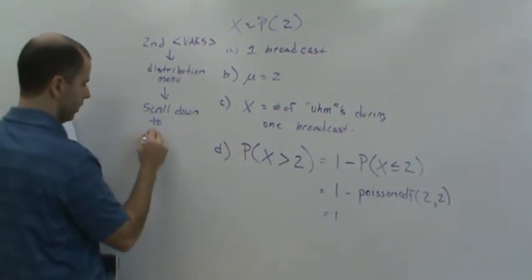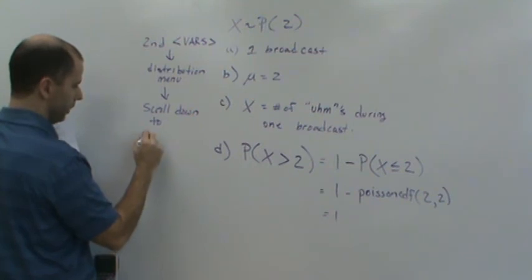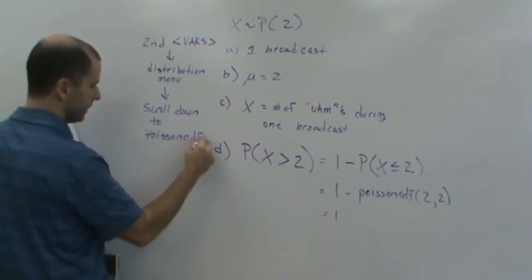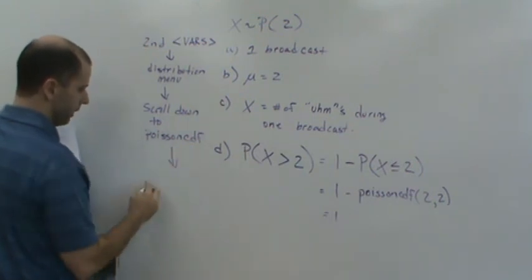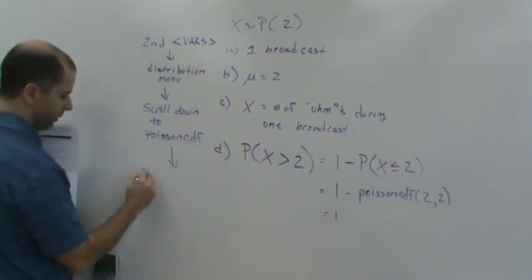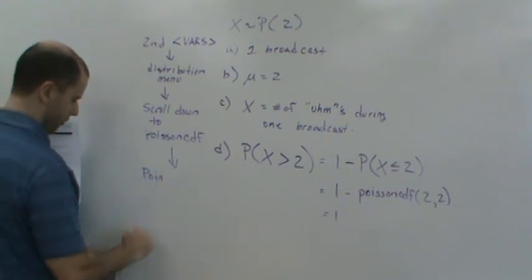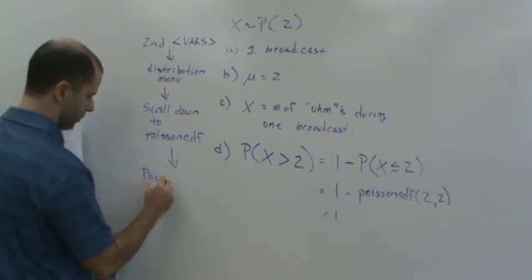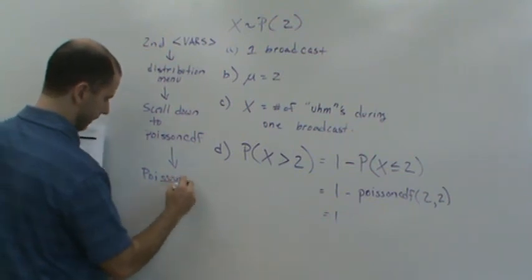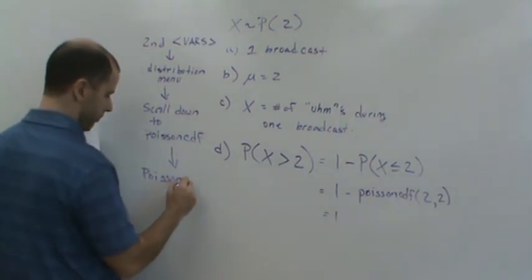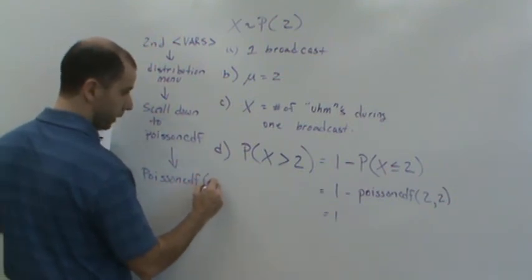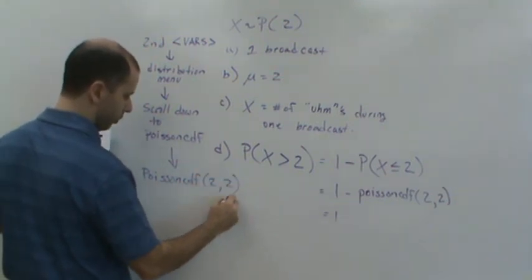So you're going to scroll down to, in this case, Poisson CDF, and then you just enter in your information. And you're going to put in 2, 2.